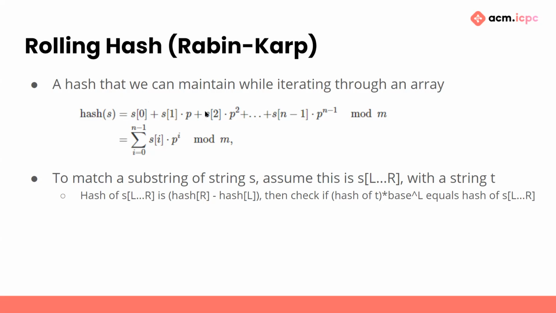Then you subtract S0 and S1 times P. So you're left with S2 times P squared. But if T was just S2, then we don't have the P squared. So that's why we have to multiply base to the L power, because that will raise everything inside T to the same power starting at whatever you're left with after subtracting the hash.